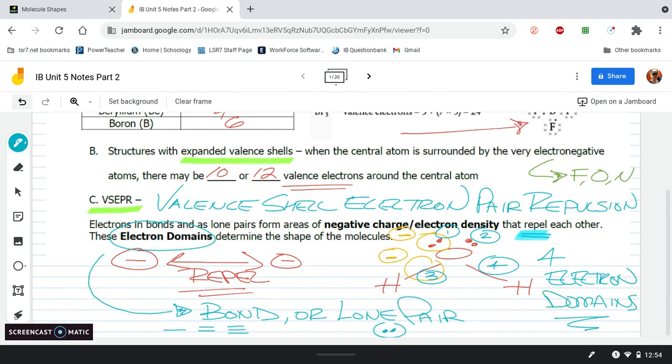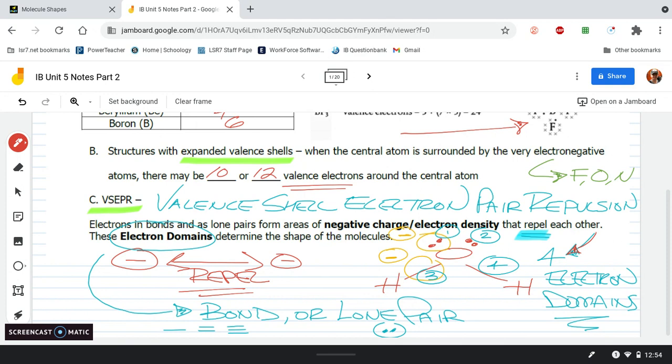So what you can say, if they said, hey, why is water bent? Well, you can say, okay, water's bent because it has 4 electron domains that repel each other. That's the why. So you have to get that concept of repel in if they ask you a question about why. So why is this shape this?